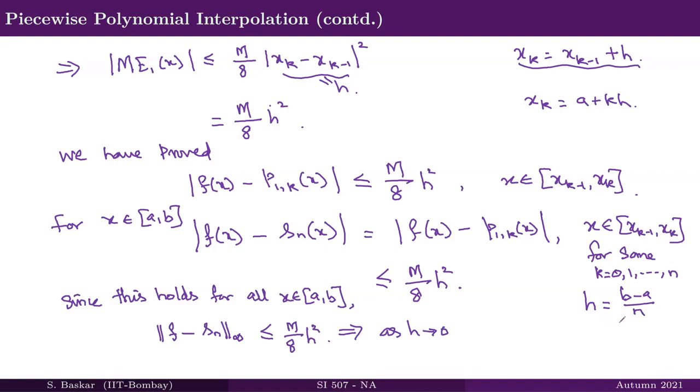And in the limiting case of n tending to infinity, you have h tends to 0. And in this case, you have Sn tending to f uniformly, right? So this proves the convergence of the sequence of piecewise linear polynomial interpolation to the function f.